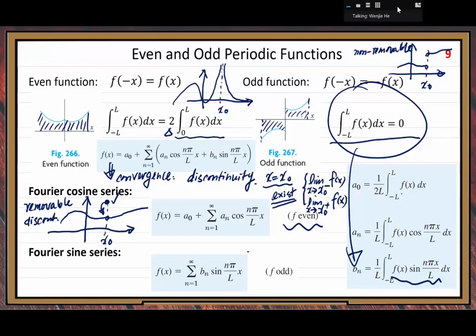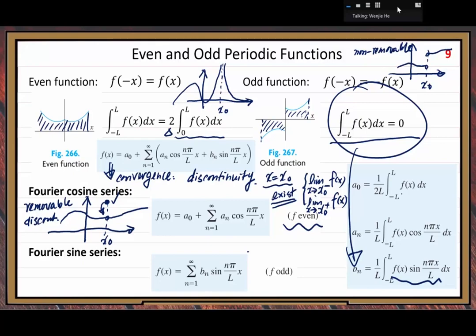So for our Fourier series convergence, we can handle the non-removable discontinuity. No problem. We do not require the discontinuity to be removable. With a non-removable discontinuity, the Fourier series is still convergent.